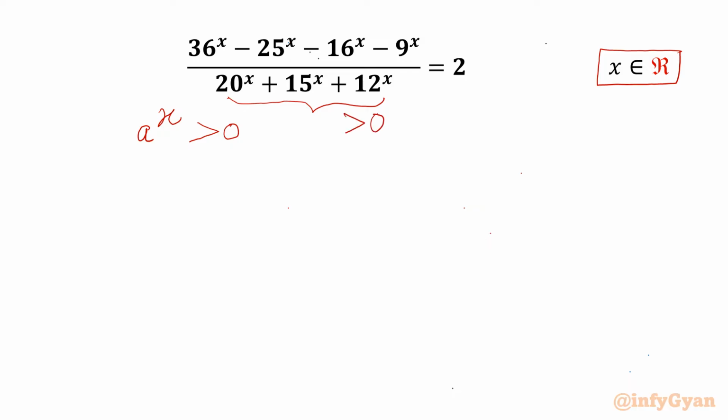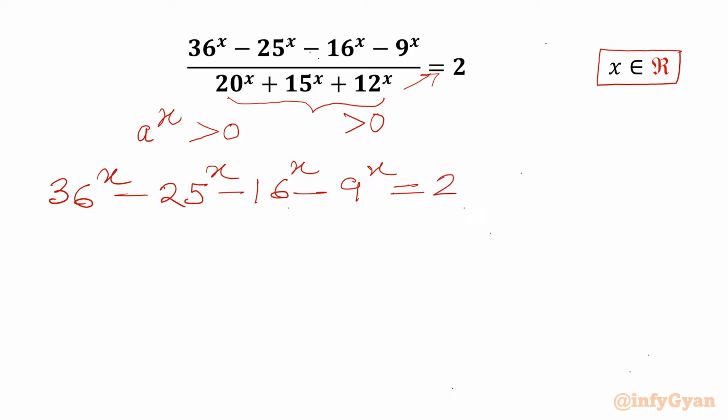I can cross multiply. So I'll be writing 36 power x minus 25 power x minus 16 power x minus 9 power x equal to 2 times 20 power x plus 15 power x plus 12 power x. Now I will factorize 20, 15 and 12.